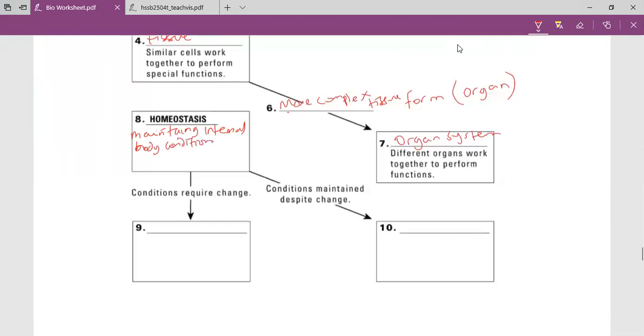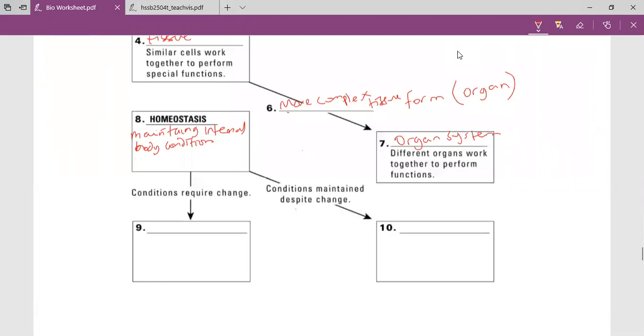Condition maintained despite change. What is 10? Conditions require change. Condition maintained despite change is negative feedback. Positive feedback is when conditions require change.